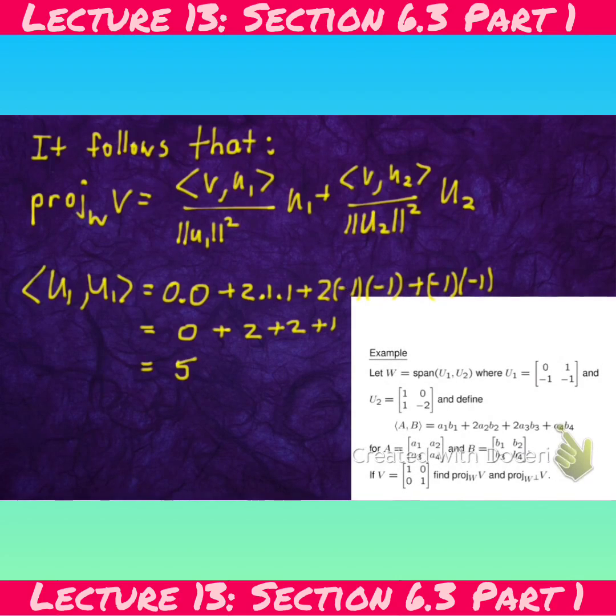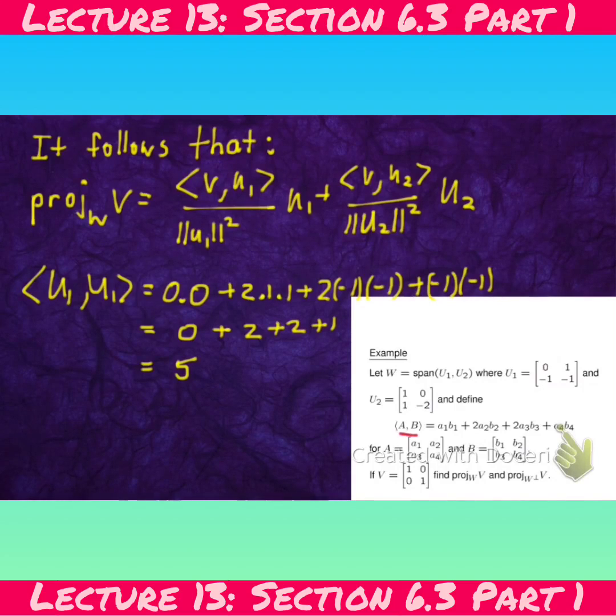What it means is taking the inner product of u1 with itself. Firstly, you multiply that term with that term, and then you add that to twice this term multiplied by that term. Let's look at what the inner product of u1 with itself looks like.